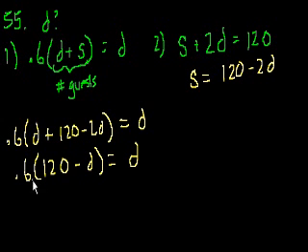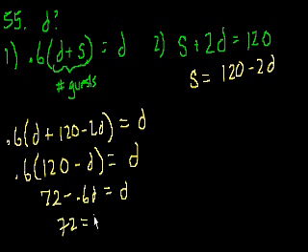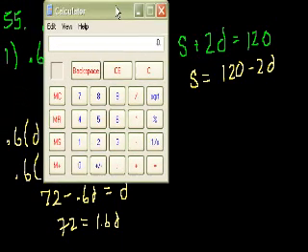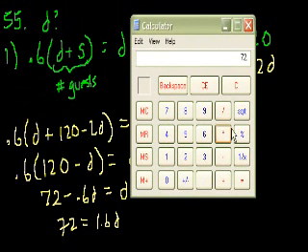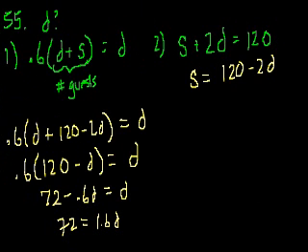That's 72, right? 6 times 12 is 72. So that's 72 minus 0.6D is equal to D. So you get 72 is equal to 1.6D, and 72 divided by 1.6 is equal to 45. So there we solved the problem. D is equal to 45.